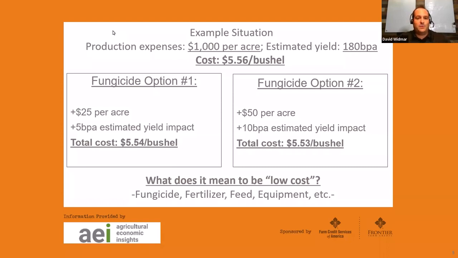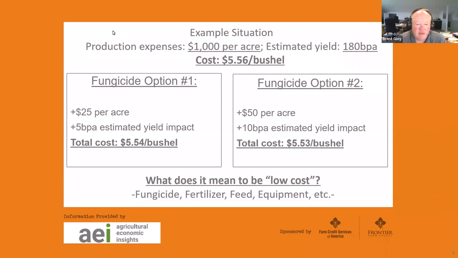Also with feed, feed option number 1 for our livestock versus option number 2. One of them might have a lower per pound cost or total cost of acquiring, but some of them might give us more benefits in terms of productivity. Also, we see something similar with equipment and how many acres we can cover in a day, or how fast we can get that done on an hour basis. But it's this trade-off that we have to keep in mind.